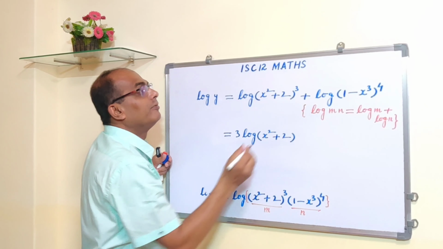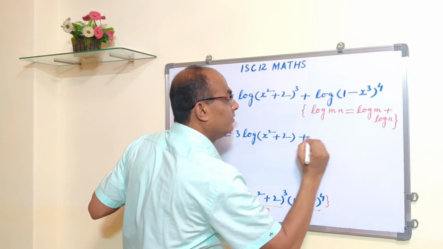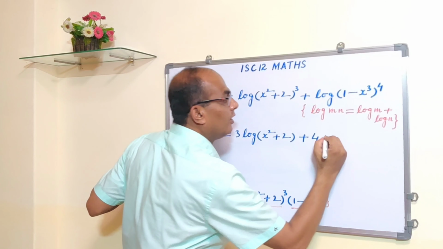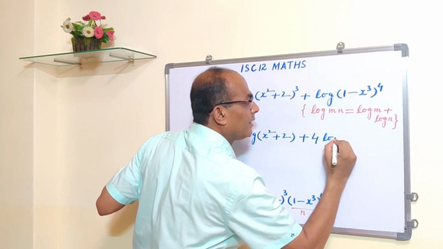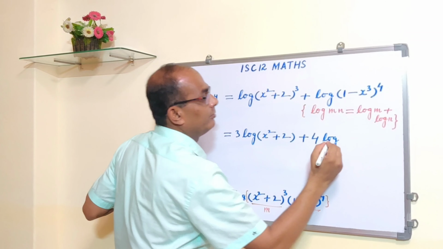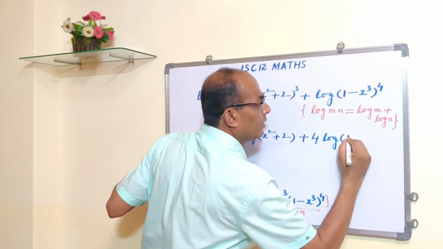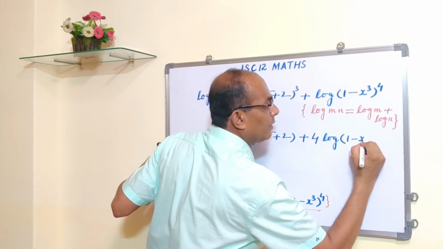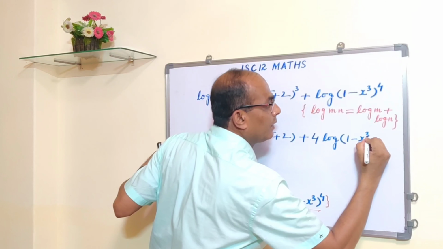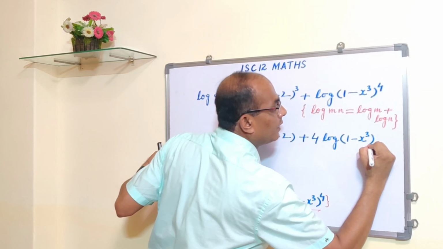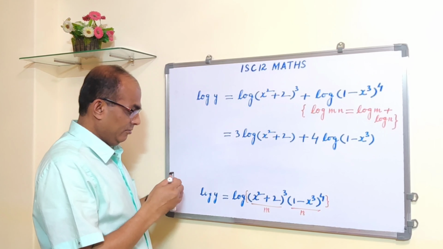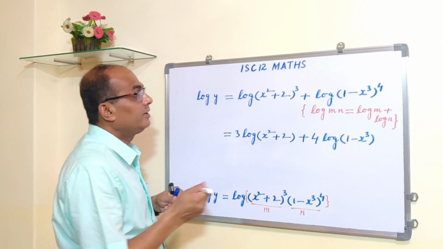N log m, and here also plus 4 log (1 minus x cube). The formula used, you can write down here.